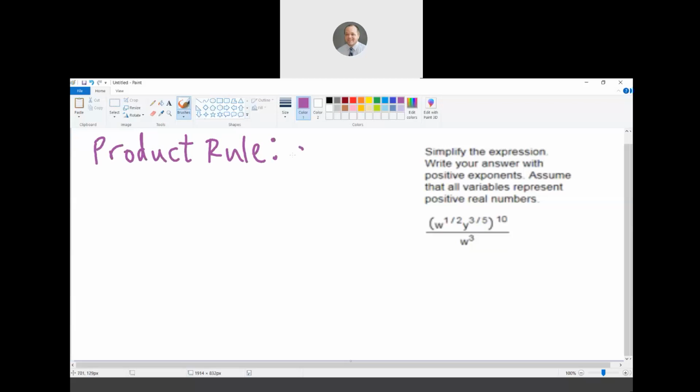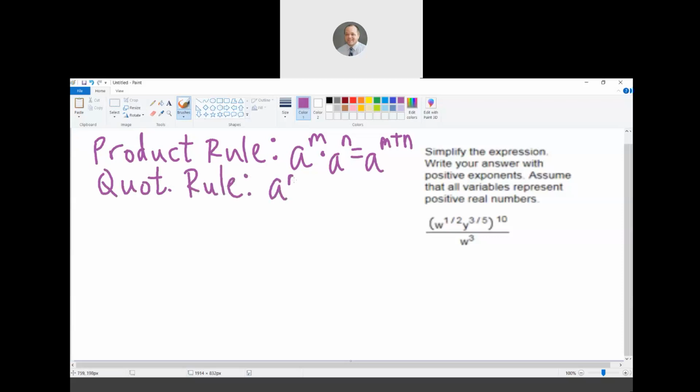The product rule states if you have a product with the same base, you keep the common base and add your exponents. The quotient rule is the next one, and it's the exact opposite of the product rule. If you have a fraction with the same base, then you keep the common base and subtract your exponents.